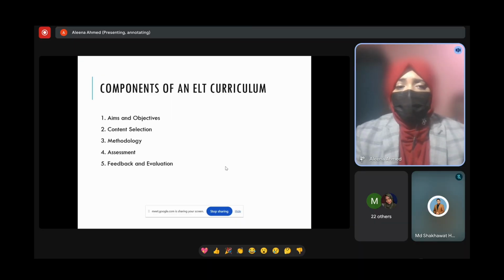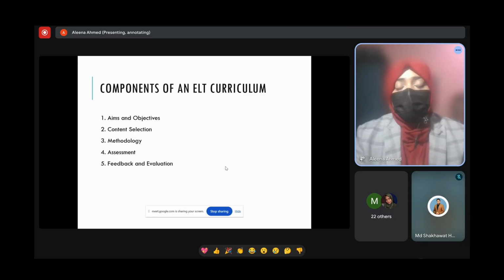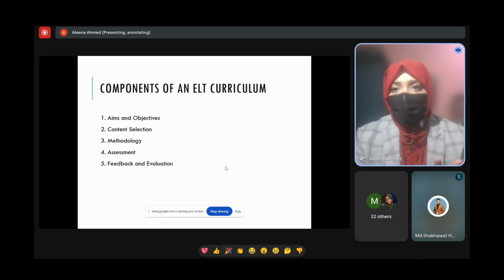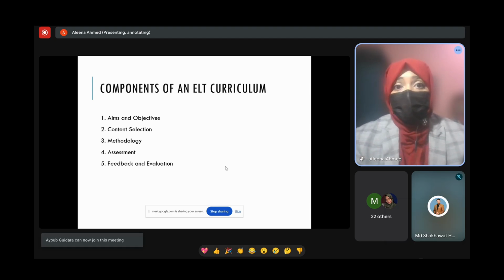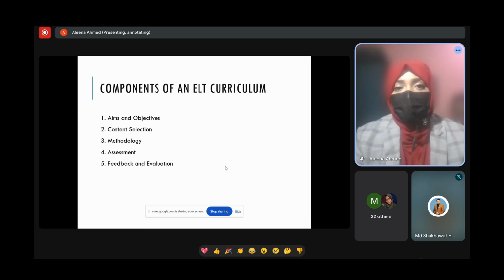So if our aim is that when the students leave this class, they will leave after creating something new, or innovating something or amending something, then definitely our content will be different. Definitely our methodology will be different. For example, we will not follow the grammar translation method, but maybe task-based language teaching, maybe communicative language teaching, CLT, that majorly focuses on communication, right?